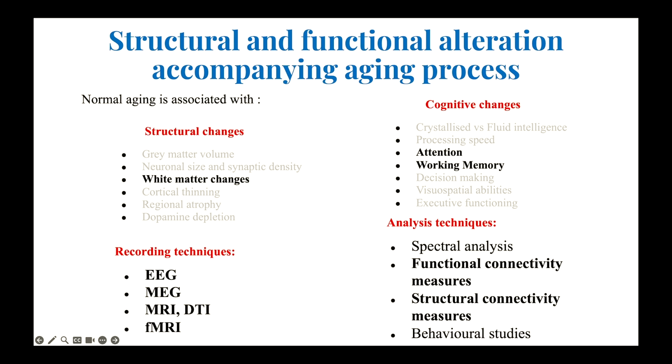These are the go-to techniques when you are talking to a cognitive neuroscientist who is recording brain activity, particularly from human participants, right. And then you can look at some of the analysis techniques, and Arpan obviously helped me a little bit in the previous talk by discussing spectral methods when he was talking about auditory cortex and looking at the data that was collected during behavior, right, using EEG.